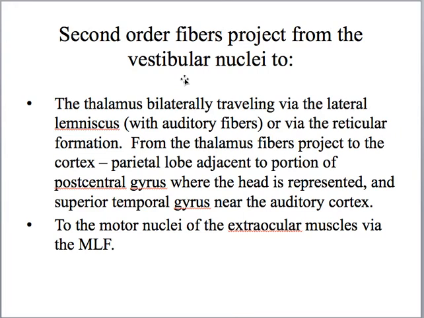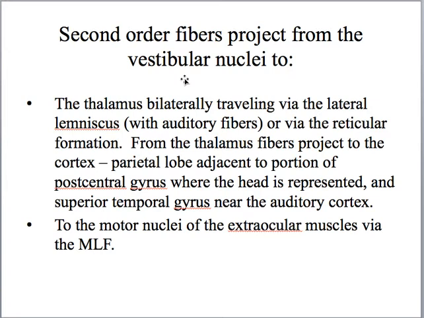The second order projection coming from the vestibular nuclei is going to project to the thalamus, and they're going to travel within the lateral lemniscus. Remember, you have auditory fibers that are also traveling within the lateral lemniscus. From the thalamus, you're going to get projections to the cortex, projecting to the parietal lobe, and adjacent portions to the postcentral gyrus, where the head is being represented, and also to the superior temporal gyrus near the auditory cortex.